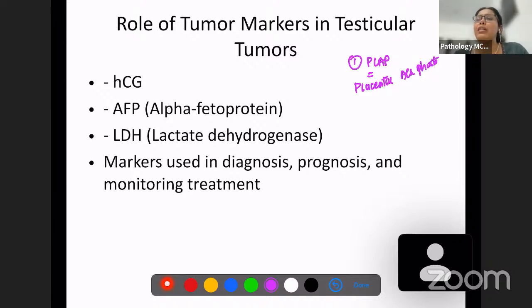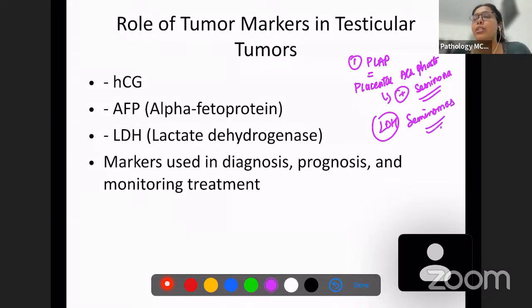So placental alkaline phosphatase can be positive in seminomas. You can write this in the short note of seminoma as well, that we're going to have placental alkaline phosphatase positivity. And then you can have lactate dehydrogenase, LDH. LDH positivity will also be seen in seminomas.